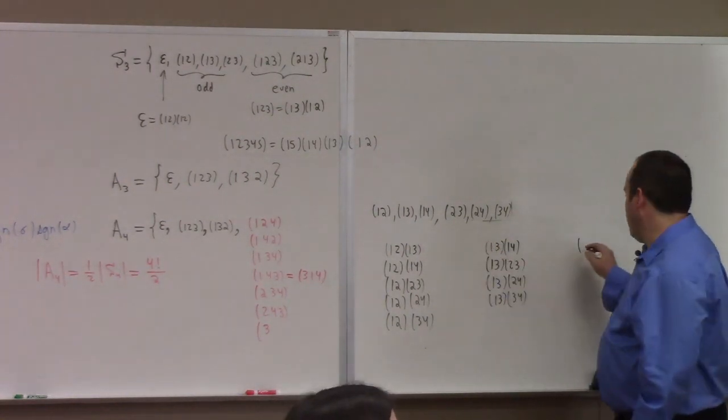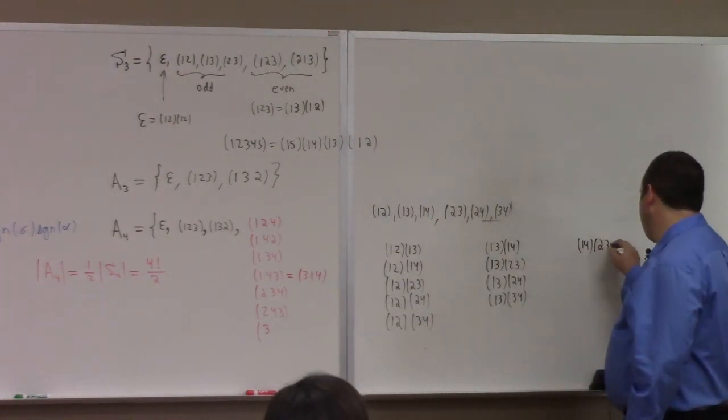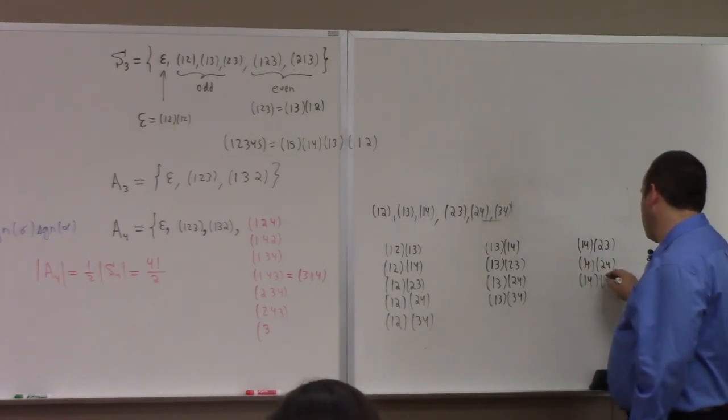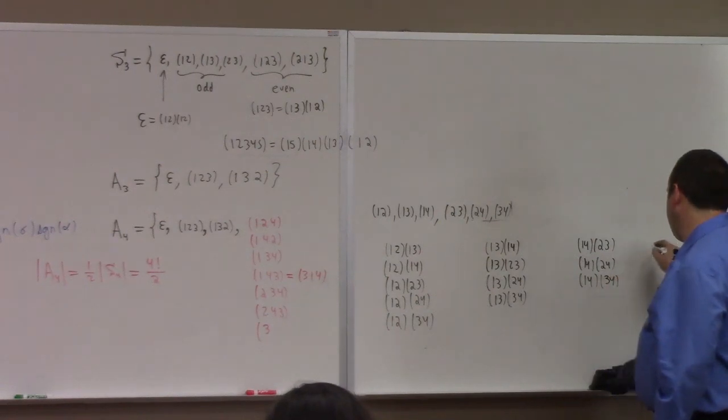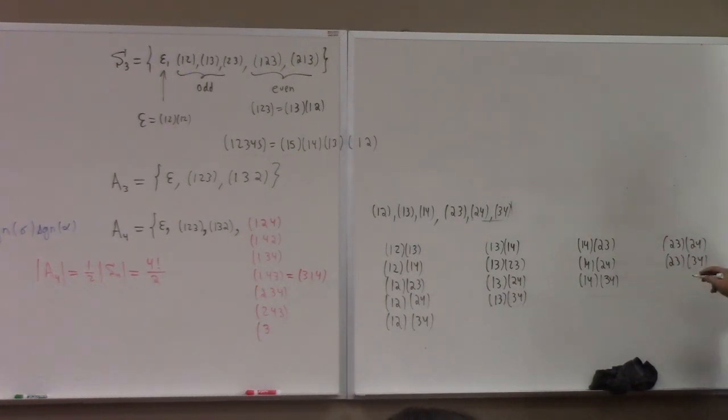What's next? (1 4), right? (1 4)(2 3), (1 4)(2 4), (1 4)(3 4). What's next? (2 3)(2 4), (2 3)(3 4), and finally (2 4)(3 4).